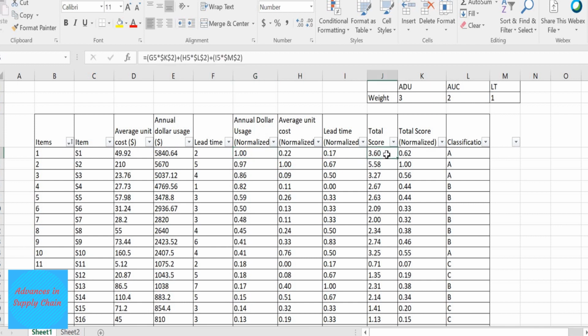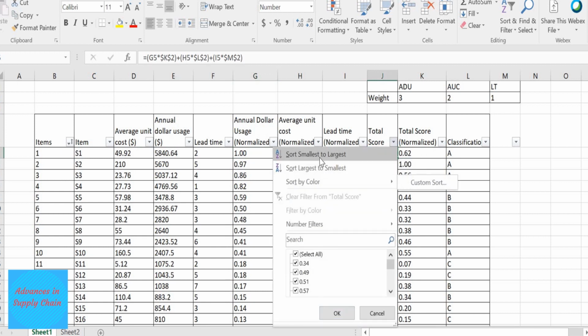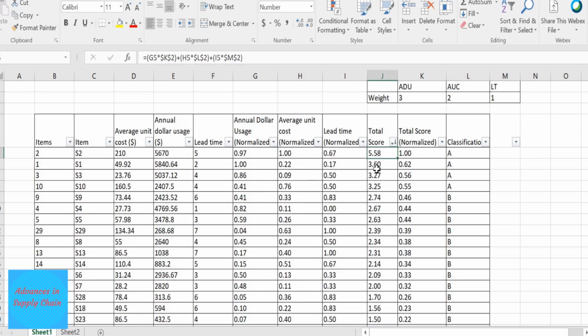Regardless of which criteria you rate as high or less important, the method is the same. You apply a weight on each criterion, multiply each individual score with that weight, and you get a total score. Then you sort from largest to smallest to see which items scored higher than others.